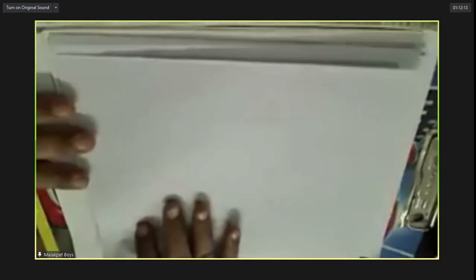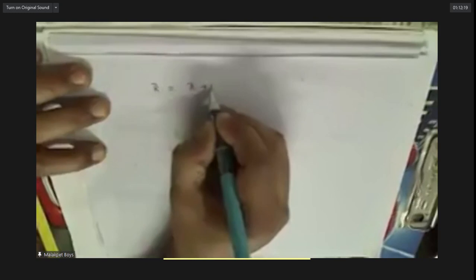Now, the concept which I have used here is, you know that, suppose this is A, R bar equals A bar plus B bar.